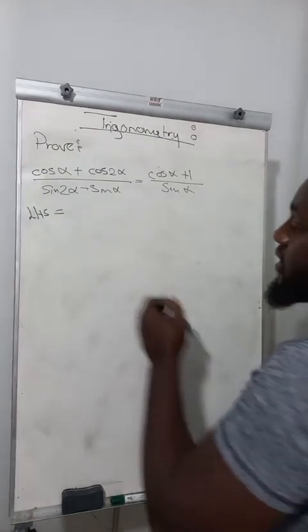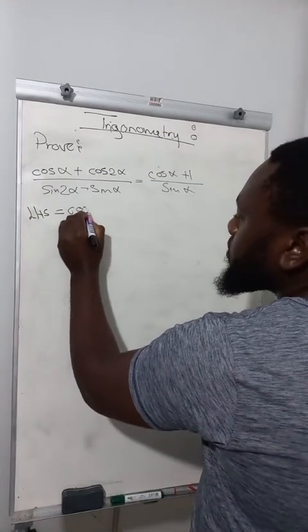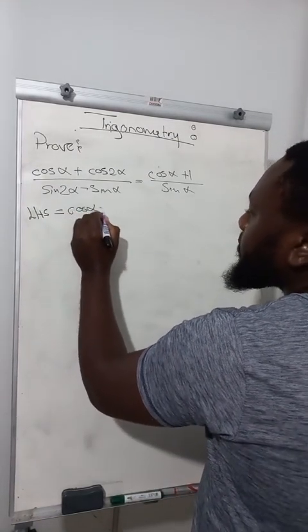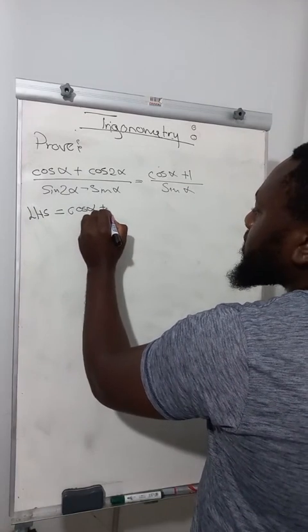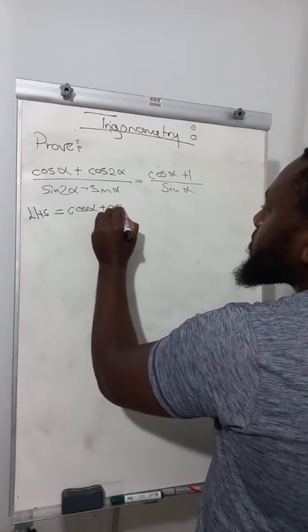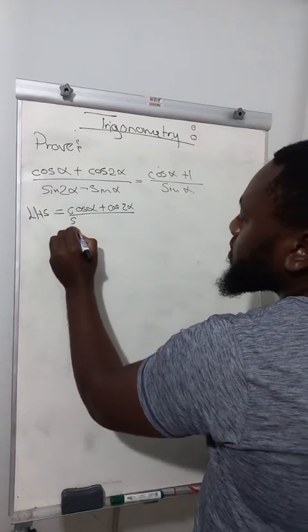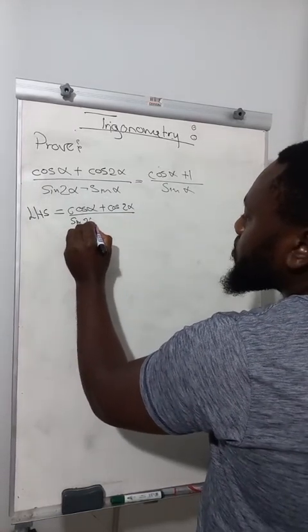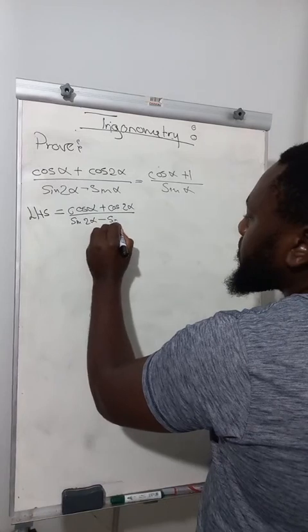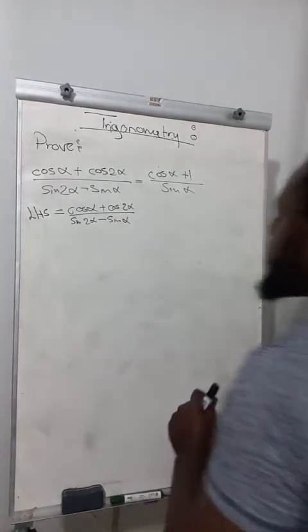So you write the left-hand side is the same as cos alpha plus cos 2 alpha, all divided by sine 2 alpha minus sine alpha.